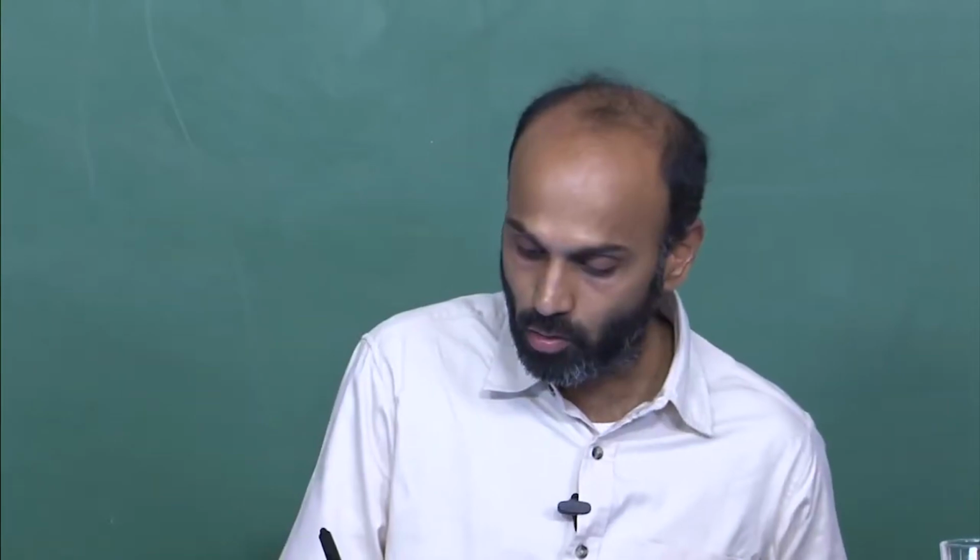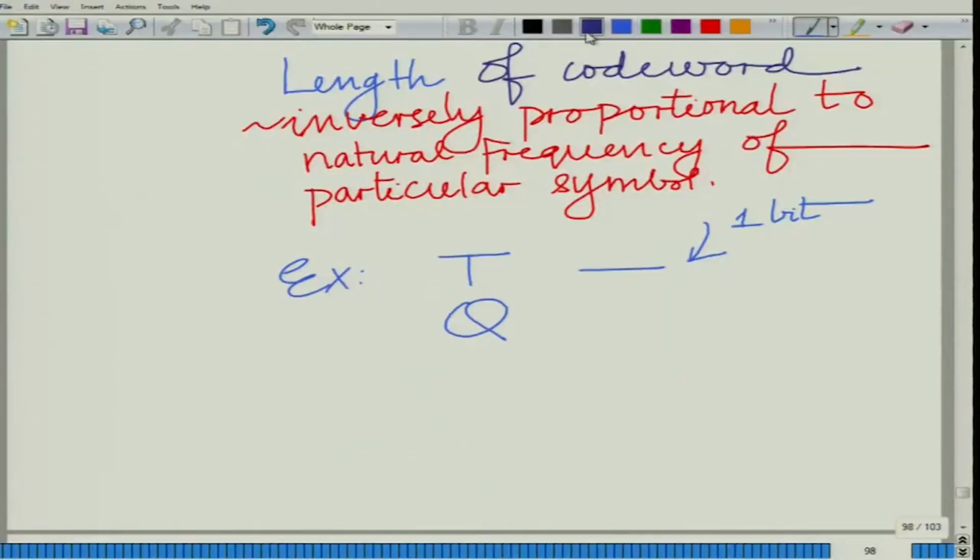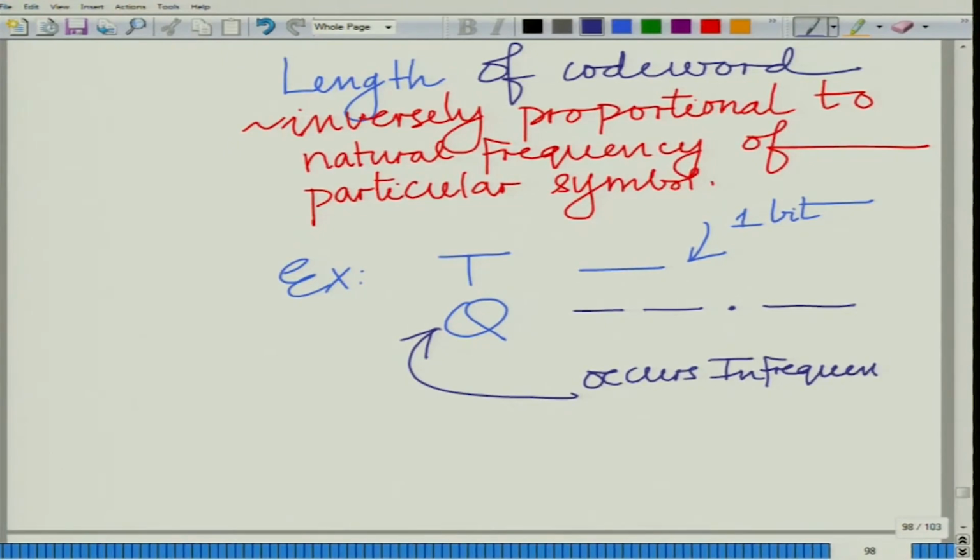If you look at Q, Q therefore has this longer representation, that is dash, dash, dot, dash. So this occurs infrequently, which implies a longer code word.